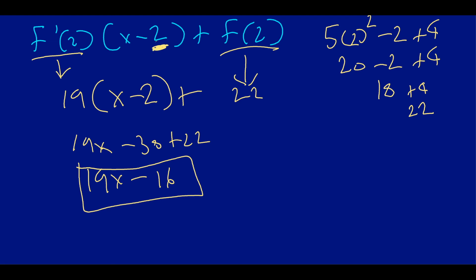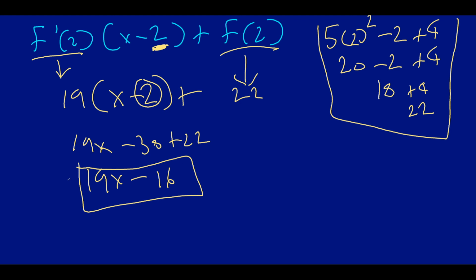That was our original value there. And then the f of 2, this is when you plug in 2 to the original equation. For us, that was 5x squared minus x plus 4. And so when you do that, you get the 19 here, x minus 2. Remember, this 2 was our original point that we wanted to find out where the tangent line was at. And then we have plus 22. That is the result of putting 2 into the original equation.